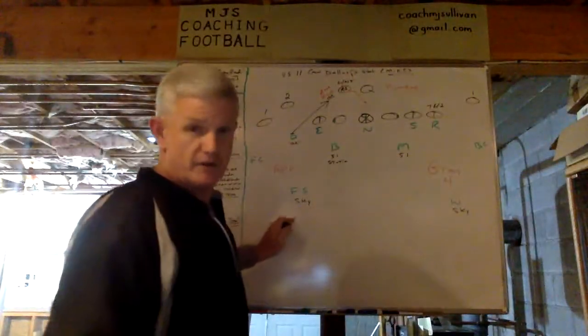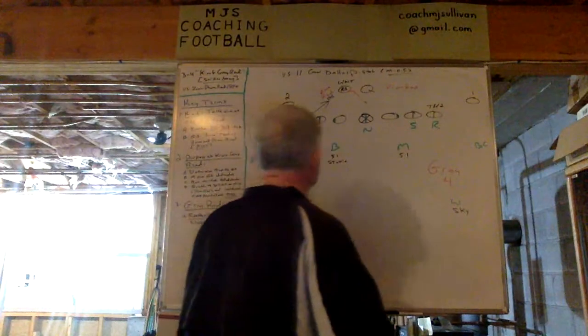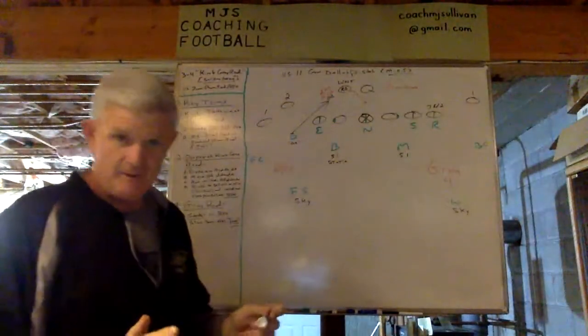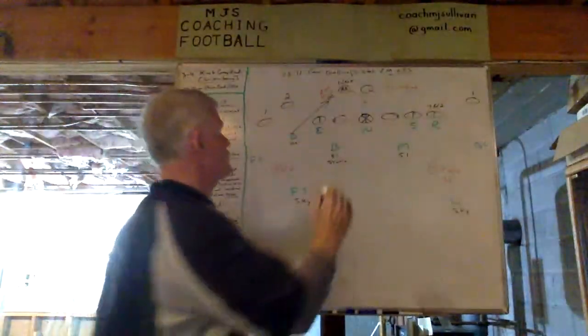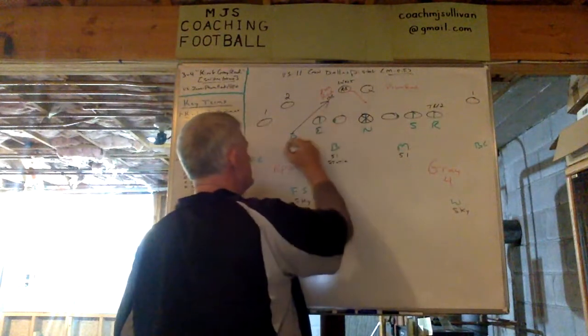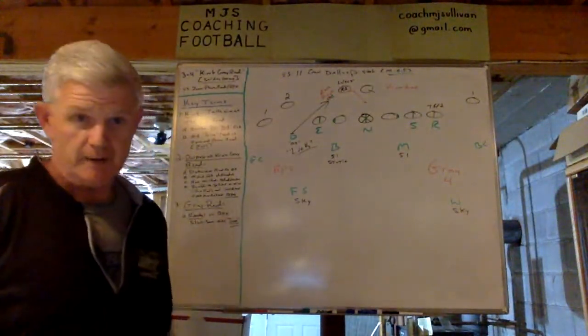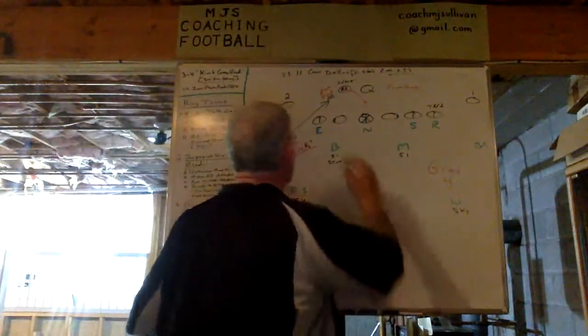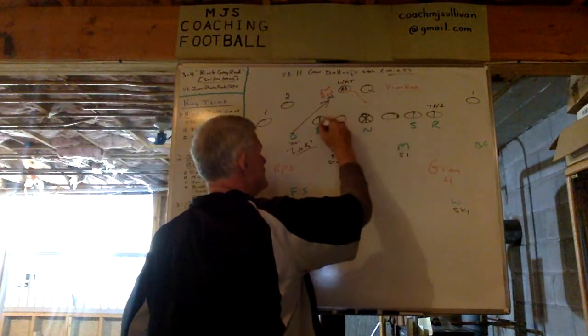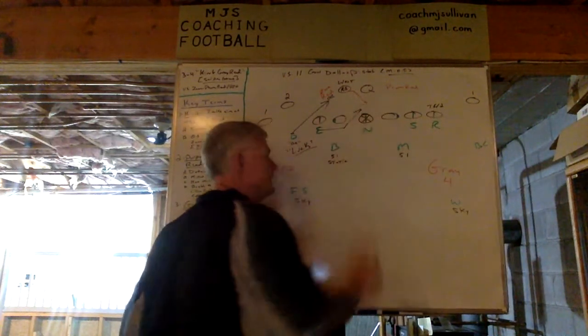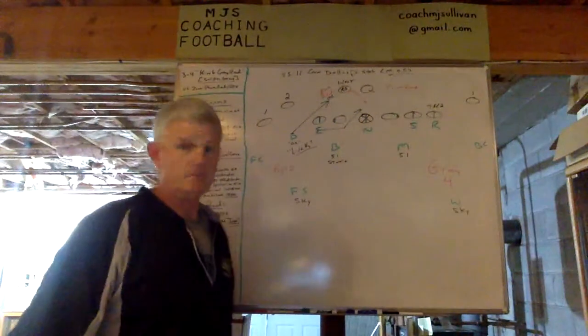I'm going to cover the safety last. Up front, this is the defensive line's portion of it. Defensive end on the call side. So this is a lucky call. It's made by our outside linebacker. Defensive end on the side of the call, at the snap of the ball, he sticks A gap.